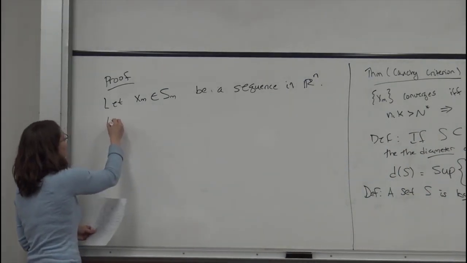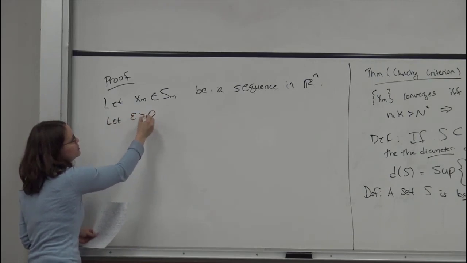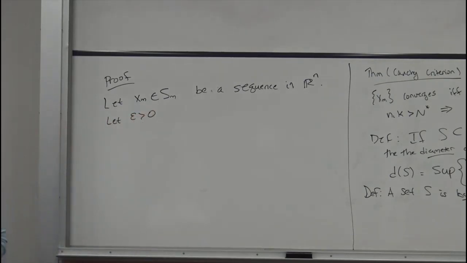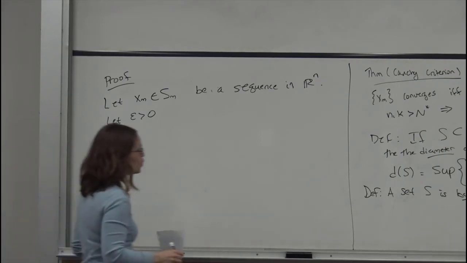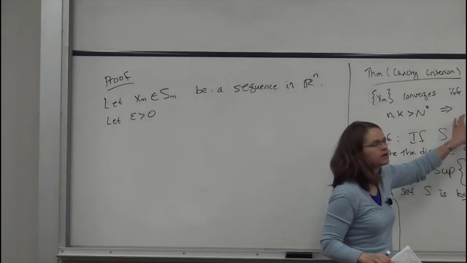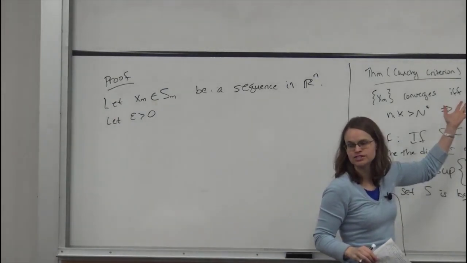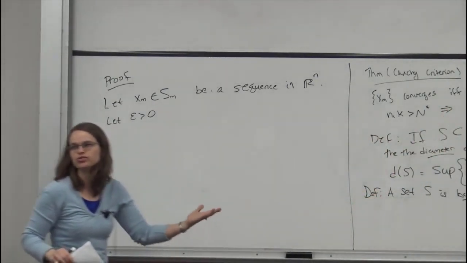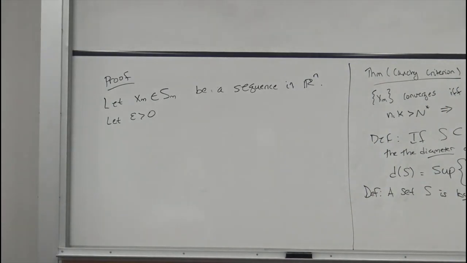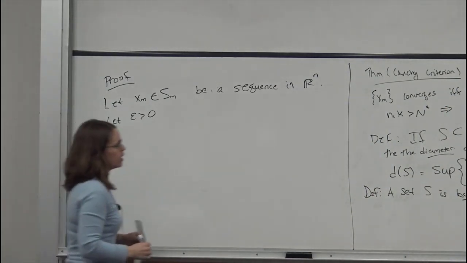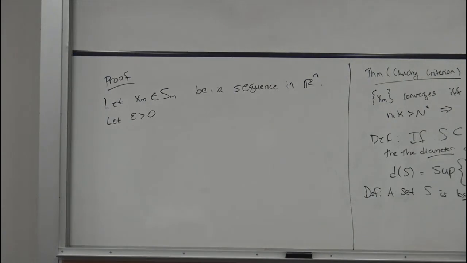Okay, so let epsilon be bigger than 0, our standard way of starting a proof in analysis if we don't know what else to do. And introducing an epsilon is a completely natural thing to do because we're trying to prove convergence, and the Cauchy criterion is the main tool we have. So we're expecting to force these points to lie within some diameter.